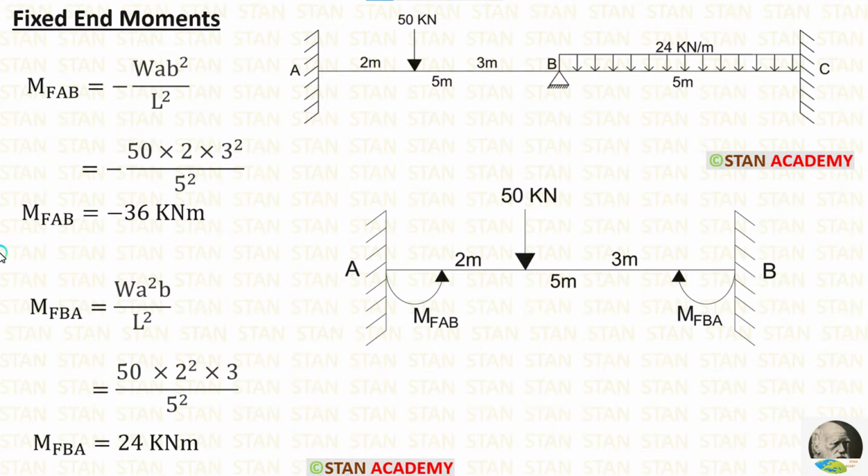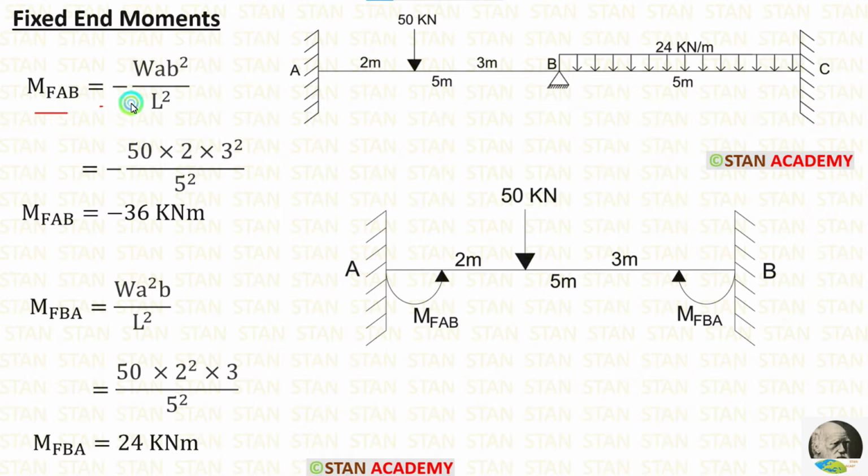Now, let us apply the formulas and find out the fixed end moments. In the span AB, we are having a point load. This point load is not acting on the center. In this case, we have to split the span into two parts, A and B. We have already seen the fixed end moment formulas minus WAB square upon L square and positive WA square B upon L square.